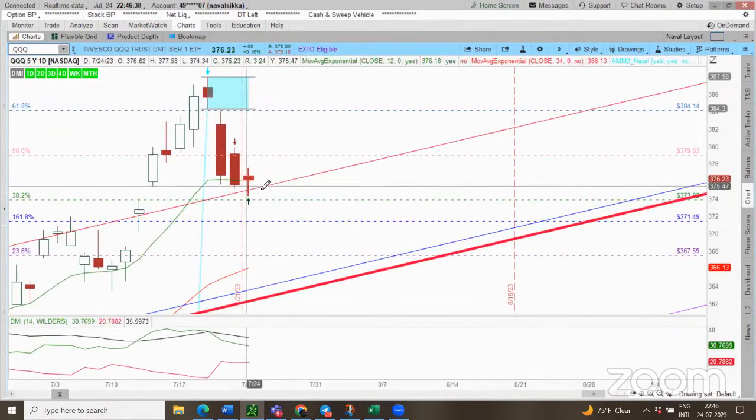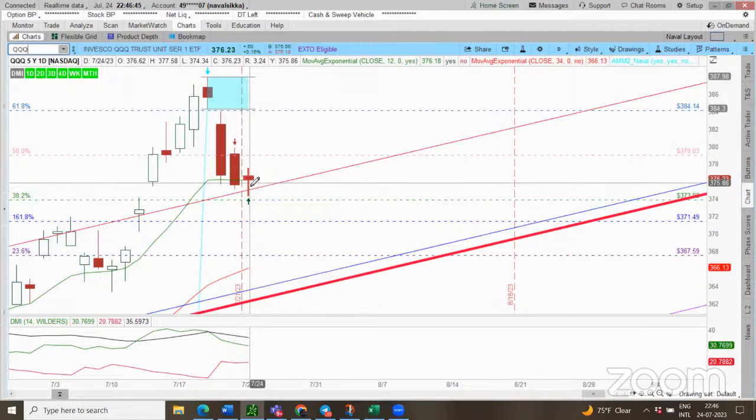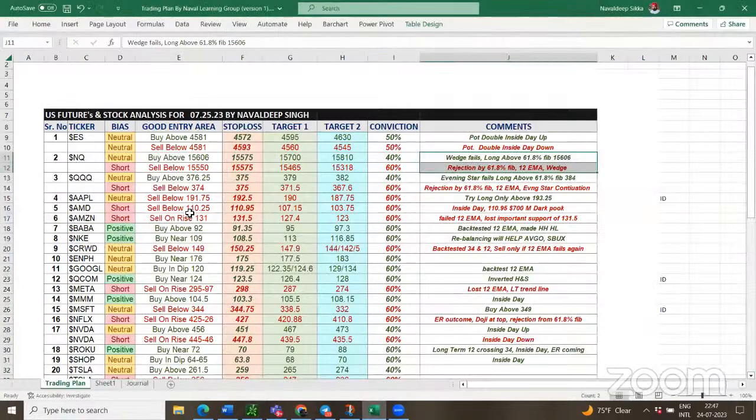Triple Q, if you see, is making a doji. It almost came to 38.2% and then bounced. Here it is above the 12 EMA, whereas on NQ the 12 EMA has lost the support and now the candle is trading because it's after hours. Not much, but 376.20. So for triple Q, the levels are exactly the same.